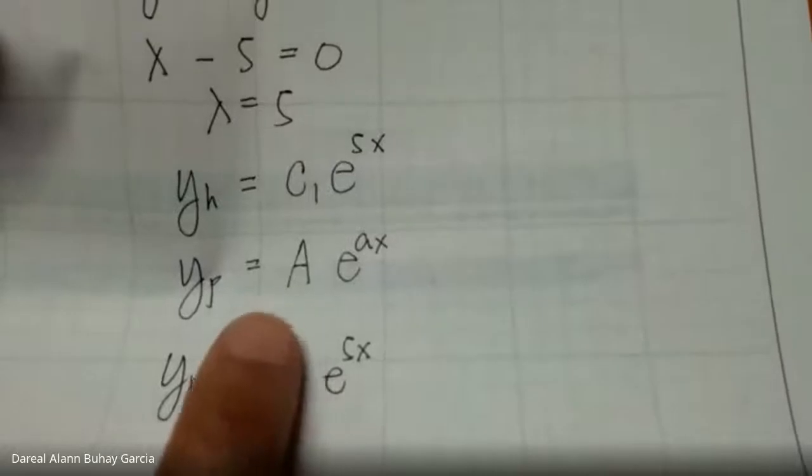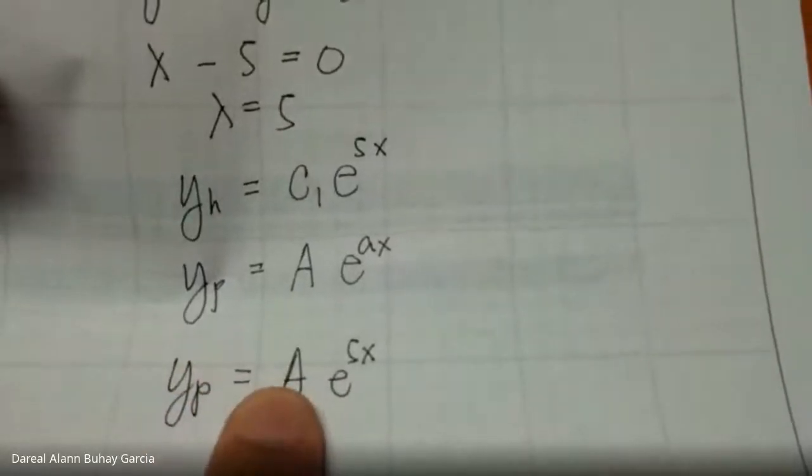So, what do we do? On the slide, it says: if any term of the assumed solution is also a term, disregarding the multiplicative constant, of y of h, then the assumed solution must be modified by multiplying it by x to the power of m. You multiply it by x to the power of something, so it depends on that something.